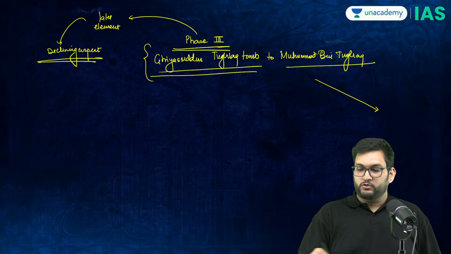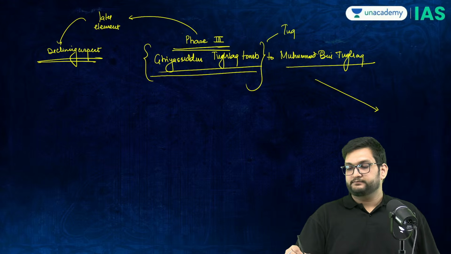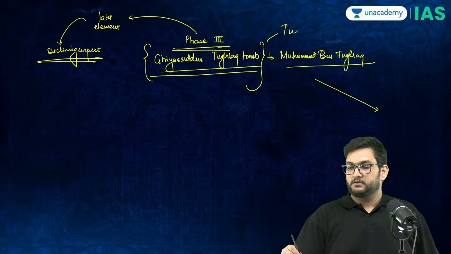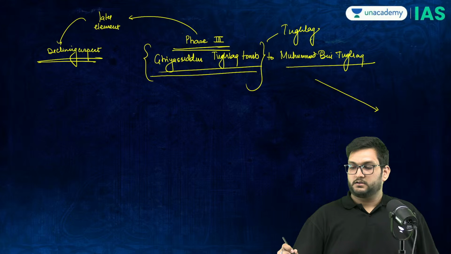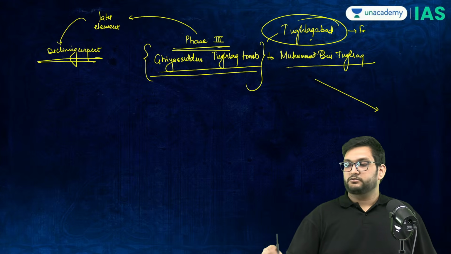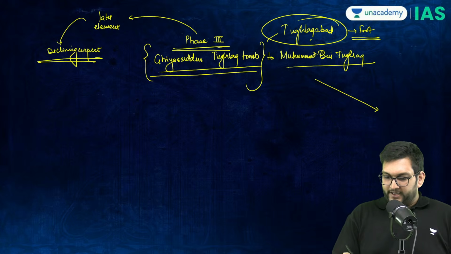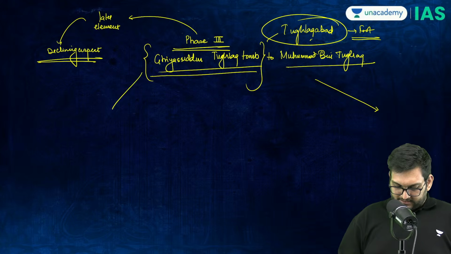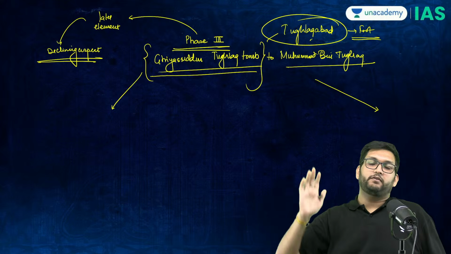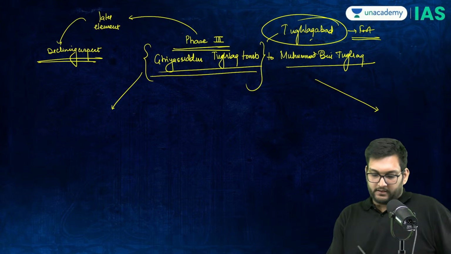But Ghiyasuddin Tughlaq's tomb in Tughlaqabad, a fort which was created by Ghiyasuddin Tughlaq, has the following things which make it the highest point, the zenith of Delhi Sultanate architecture.